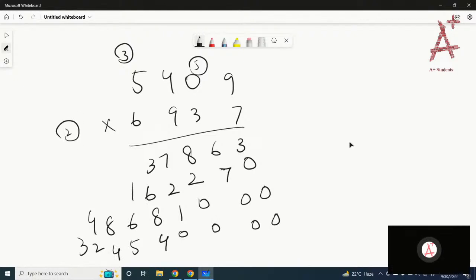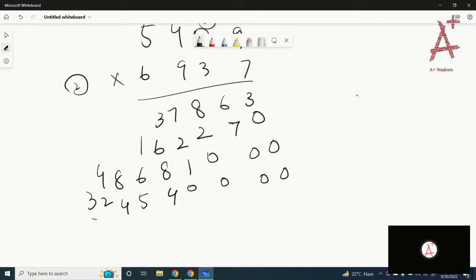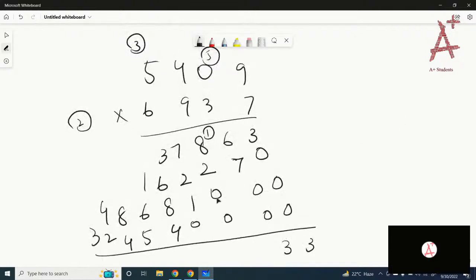Now let's just add all the numbers. 3, 7 plus 6 is 13. So 3 and carry 1. Oh, we have to start writing from here.